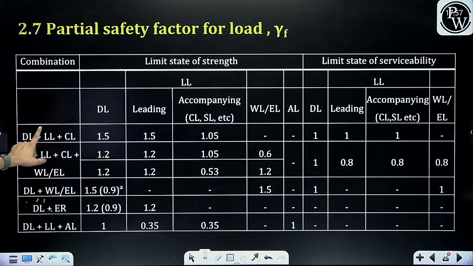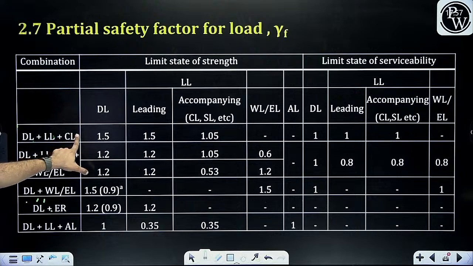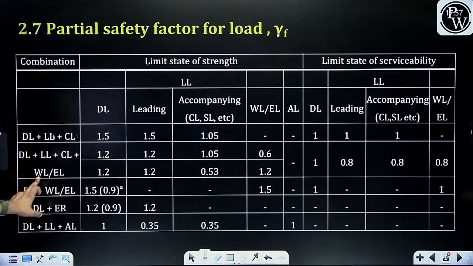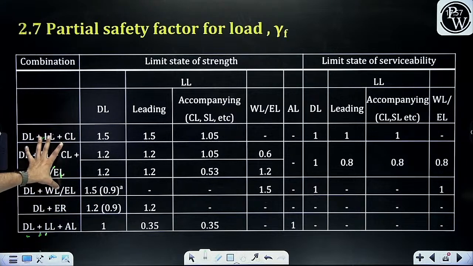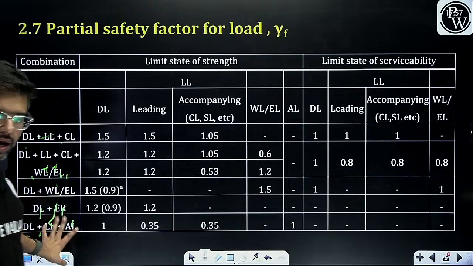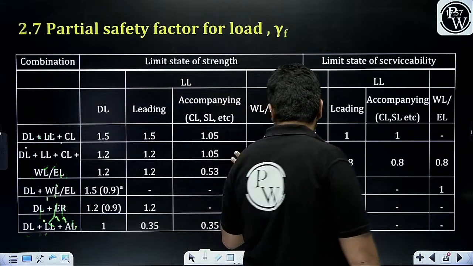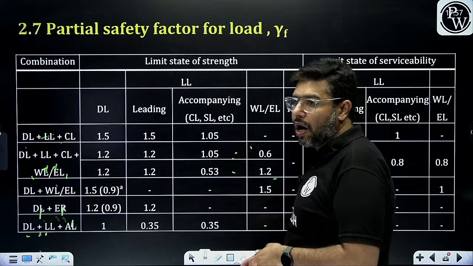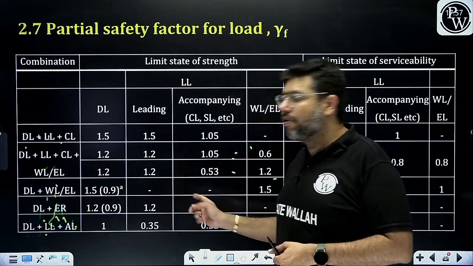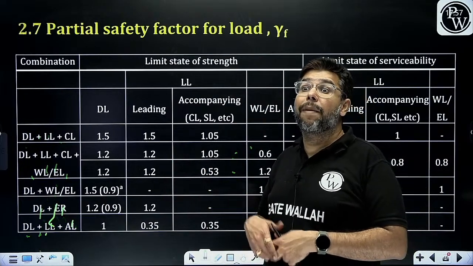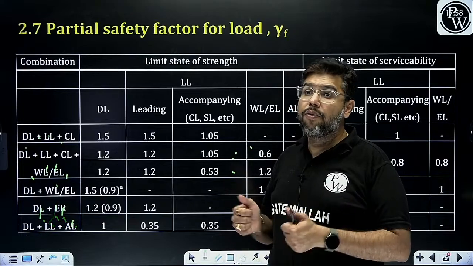DL means dead load, LL means live load, CL means crane load, WL means wind load, and EL means earthquake load. So we have various combinations of loads here. You will take various combinations of loads, and out of these combinations, whichever yields the maximum load will be used in the design.